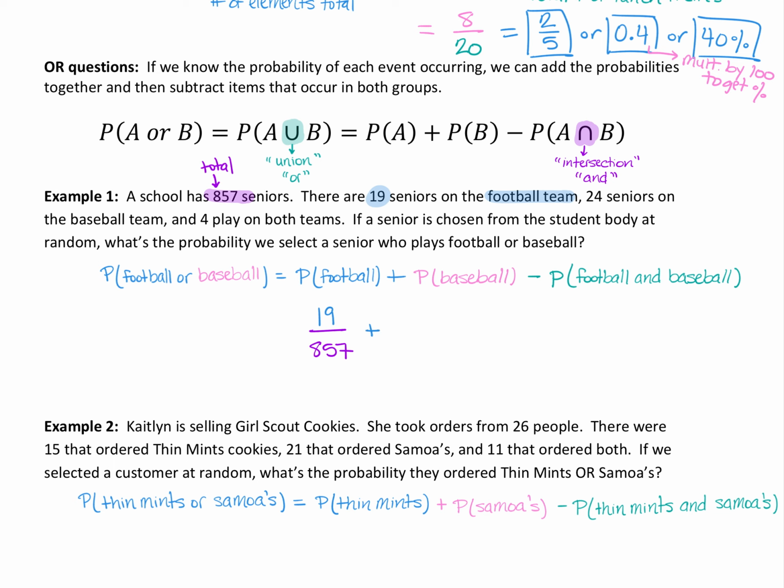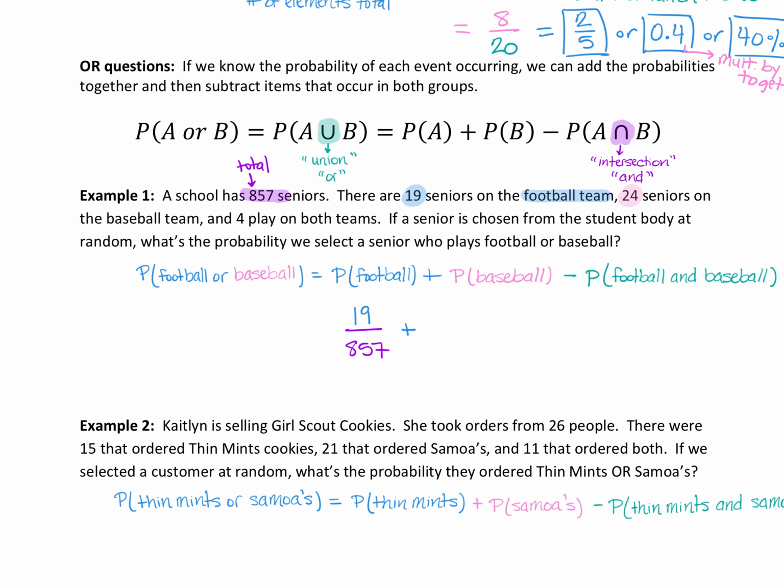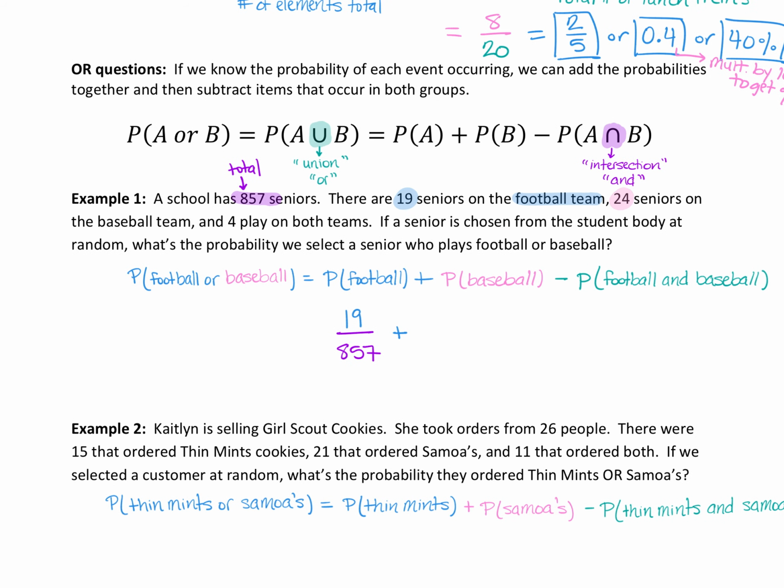We add that to the number that are playing baseball. So 24 are playing baseball. And so that's 24 out of the 857 seniors. But then we have to subtract out the seniors that are on both the football and baseball team.